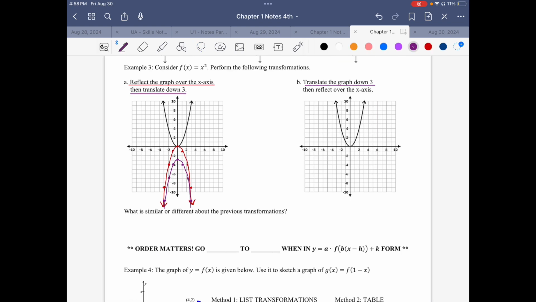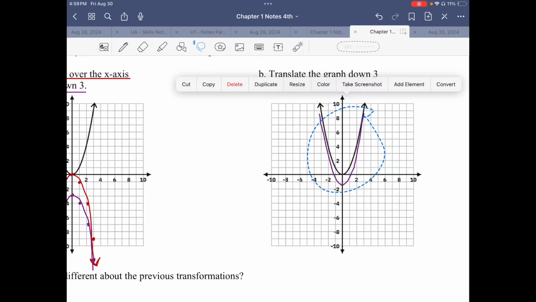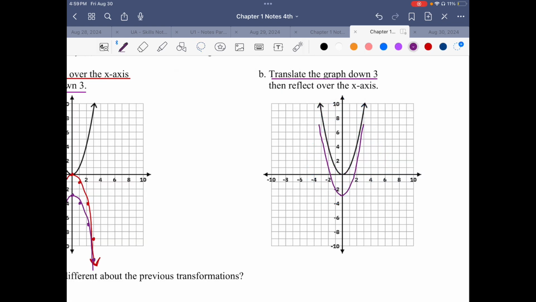If we translate the graph down by 3, then we would start with the same parabola and we would simply drop it down 3. Then it's asking us to reflect over the x-axis. So in order to do that, we would need to take some points and more individually reflect those to result in this red parabola.